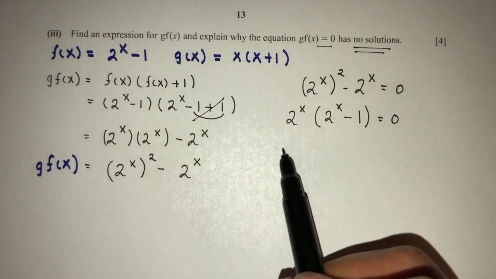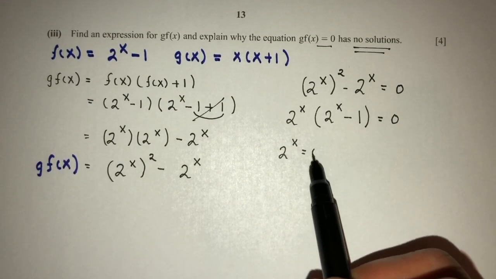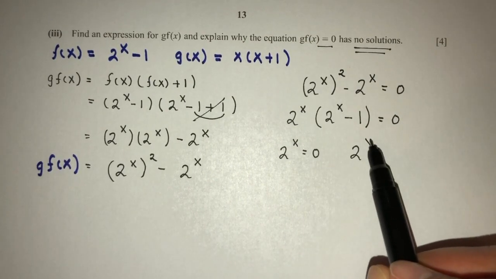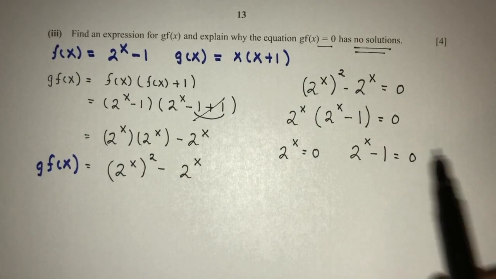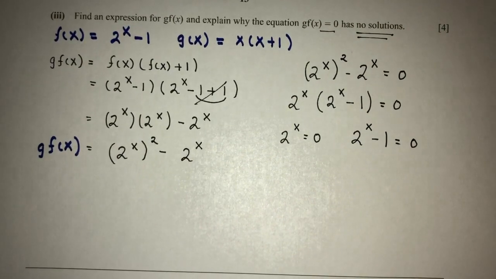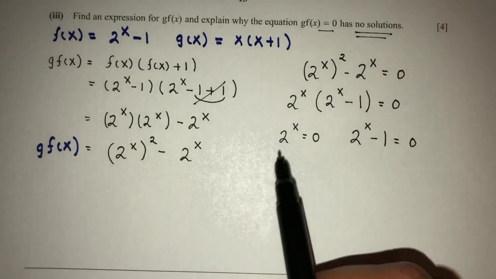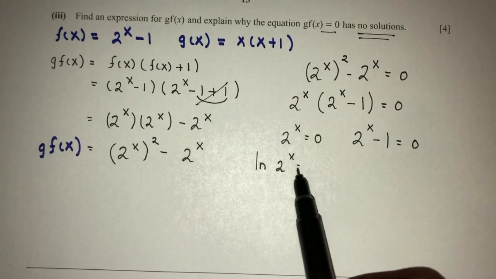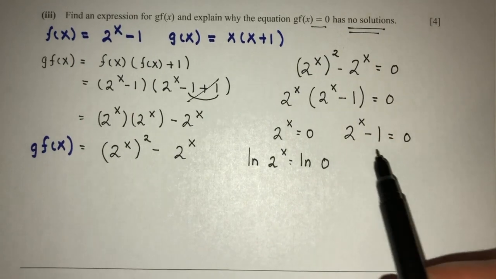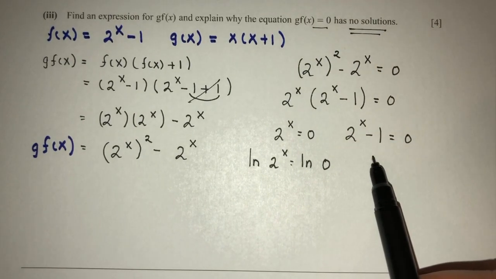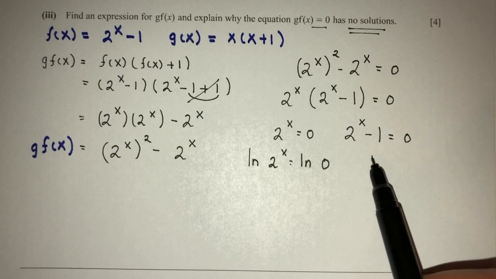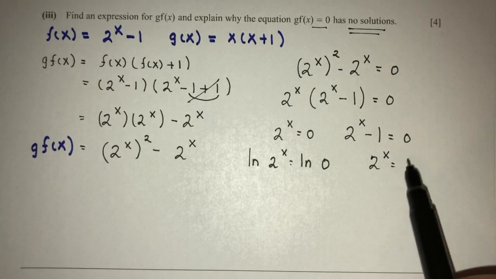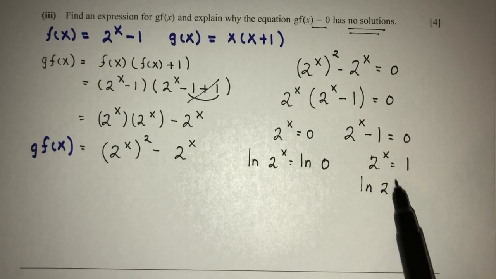So you would have this one equal to 0, and you will have this one equal to 0, right? So now we have to solve one by one to see what happens. So here you have to take ln on both sides, and here same thing, take ln on both sides. So we have to first send this one over here, so basically 2 power x will be 1, and you take ln on both sides.